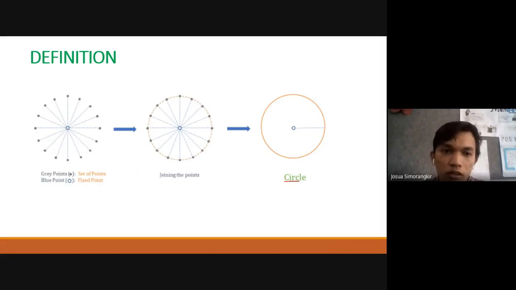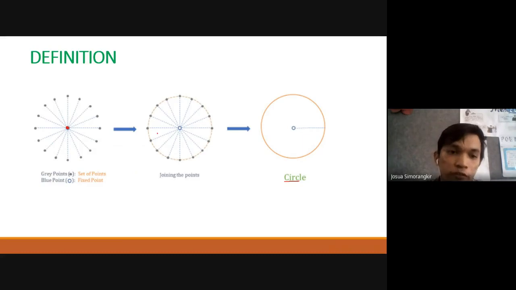A circle is when we have a fixed point at the center here. Let's say one point at the center, and we have a set of points, many points here, and each point has the same distance to the center here.